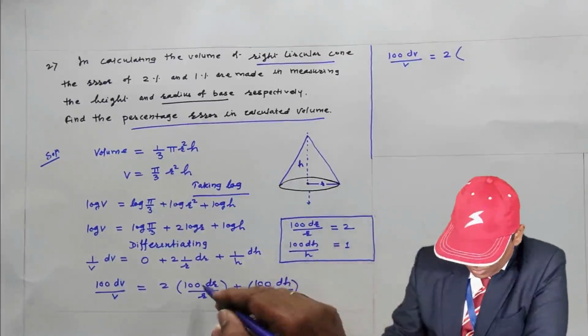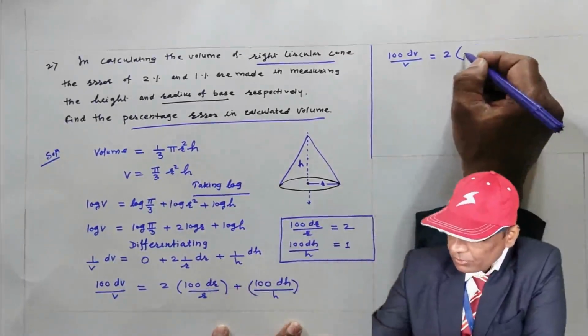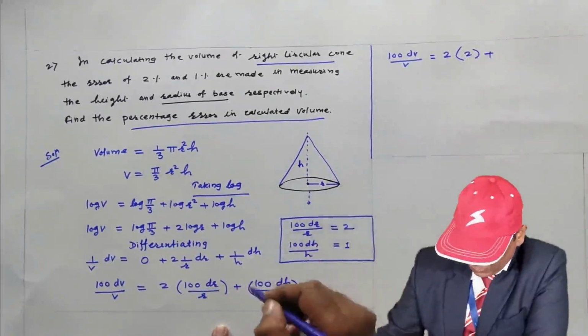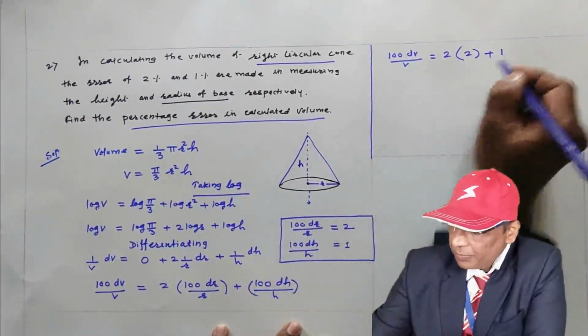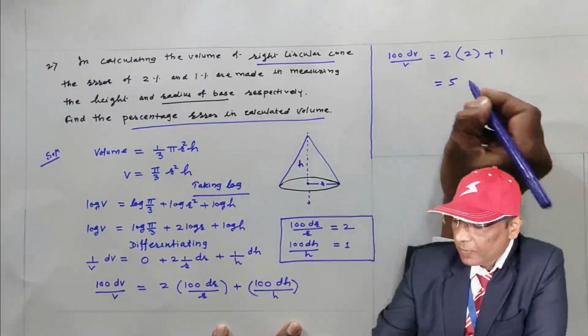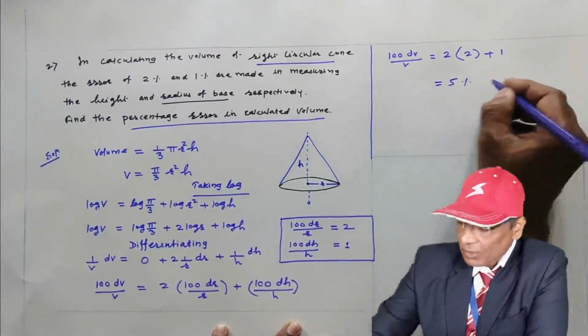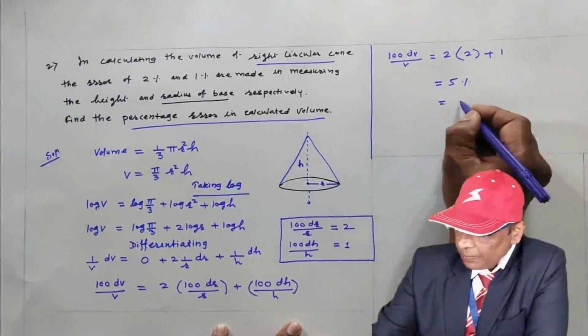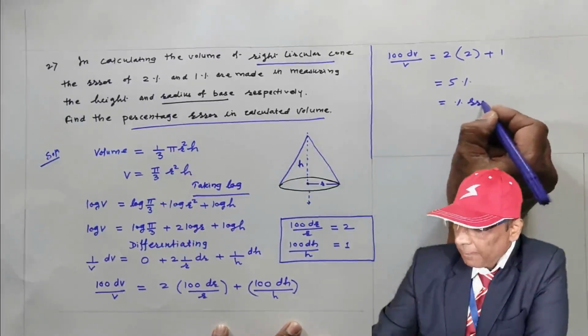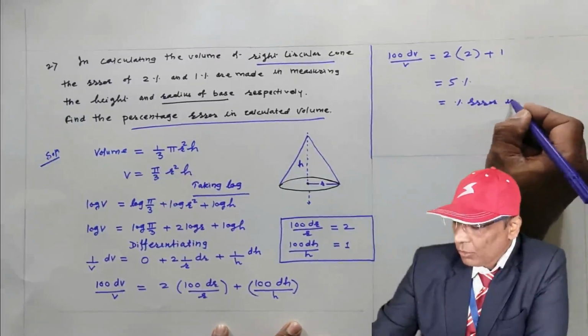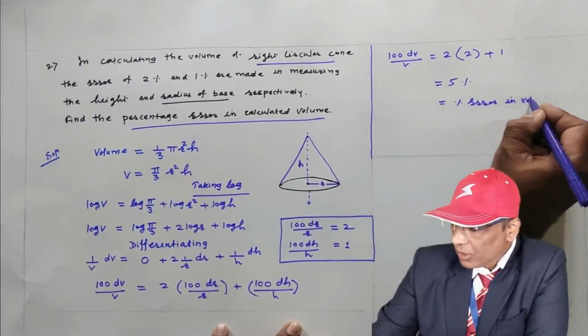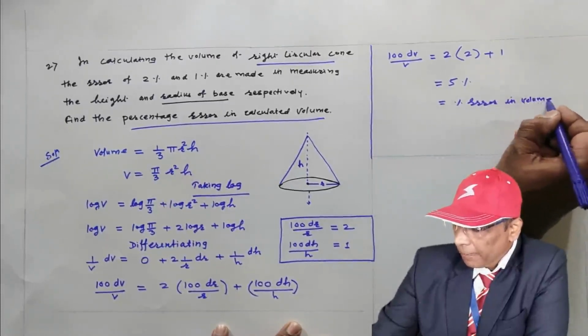Now, 100 dr by r is what? 2. 100 dh by h is 1. And it is coming to be 5. The 5 is what? It is a percentage error in volume. The percentage error in volume of right circular cone.